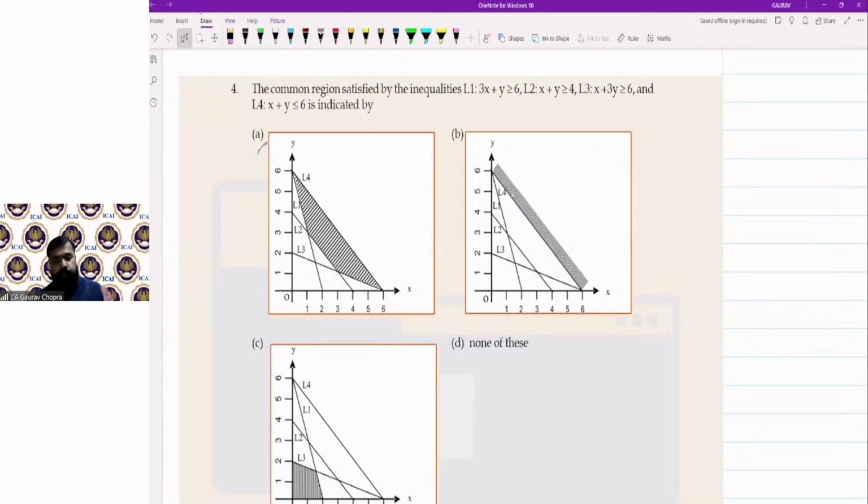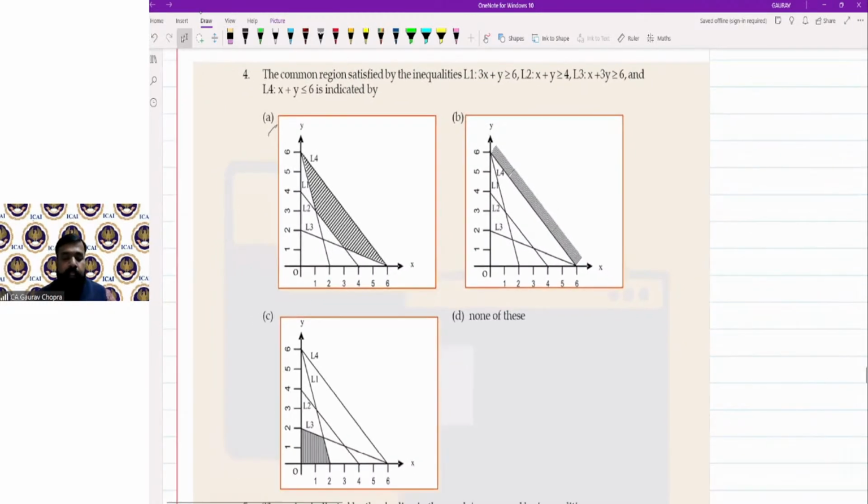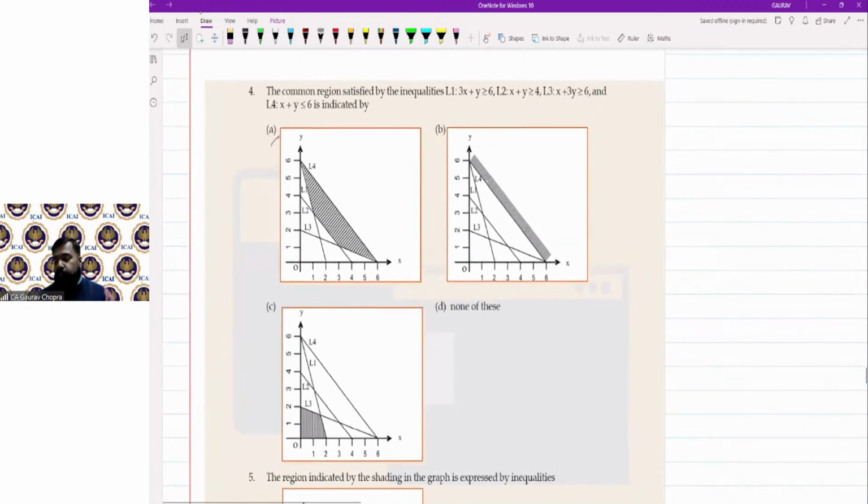Now the fourth one, आपको आराम से ट्राई करना है, आराम से पढ़ें, डायग्राम देखें एंड देन गिव द आंसर. I am waiting for 2 minutes.